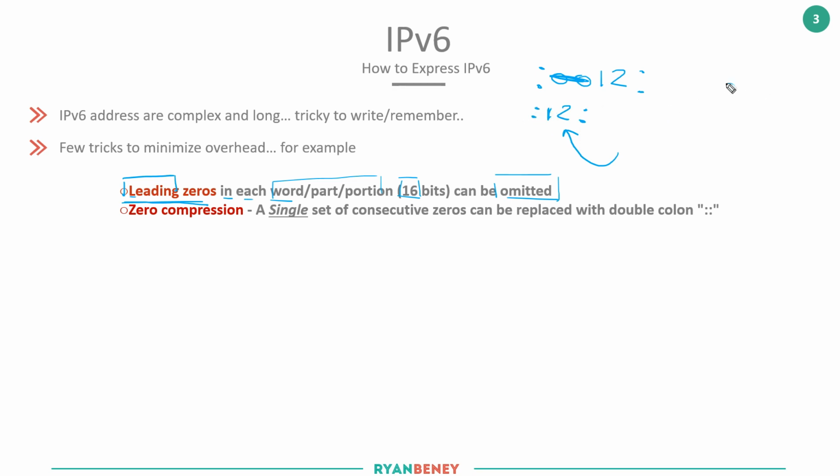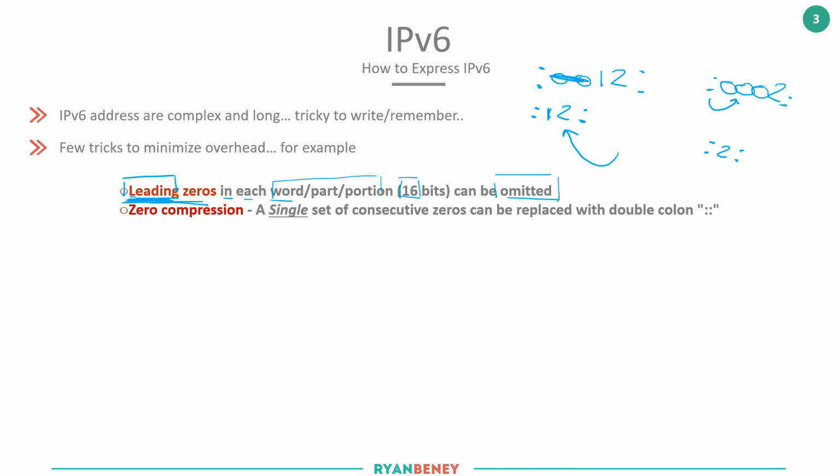So for example, if we had 0002 between colons, then we can remove the zeros and leave a single 2. Now it's important to remember that only leading zeros can be removed, because if we start removing zeros all over the place, the application, protocols and so forth won't be able to identify where those zeros should have been. So only leading zeros can be omitted. So that's rule number 1.